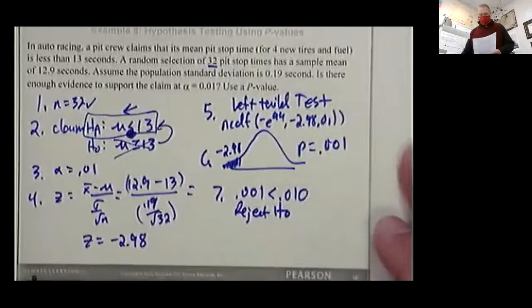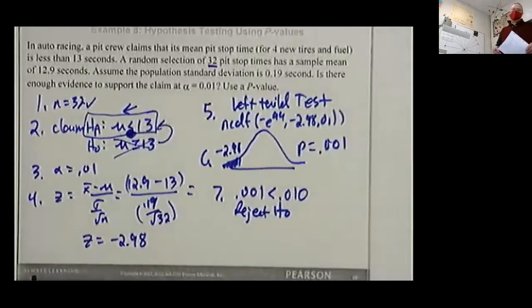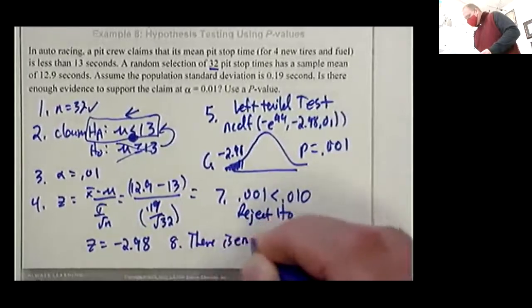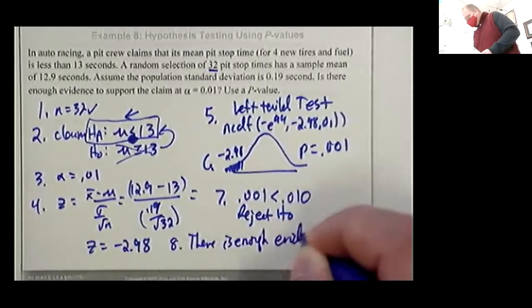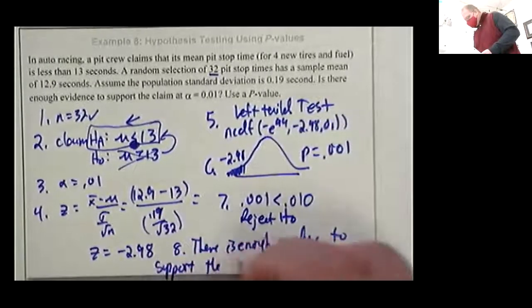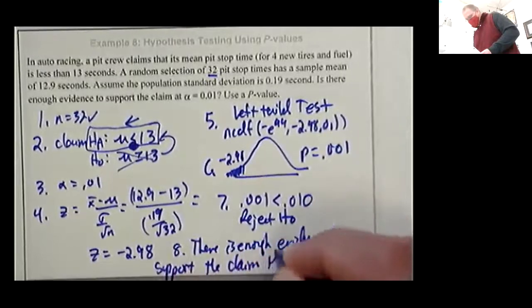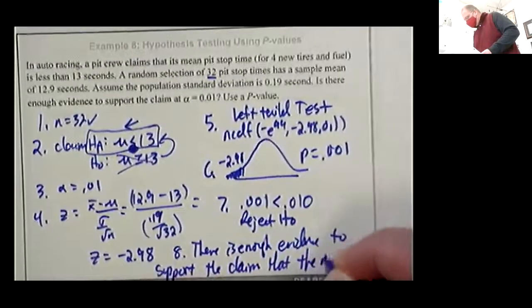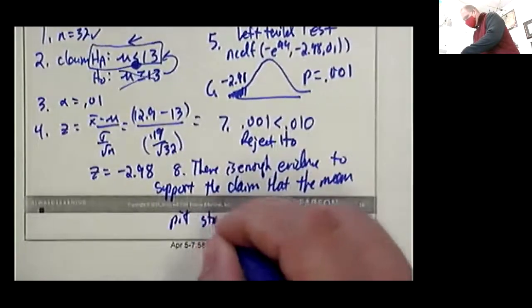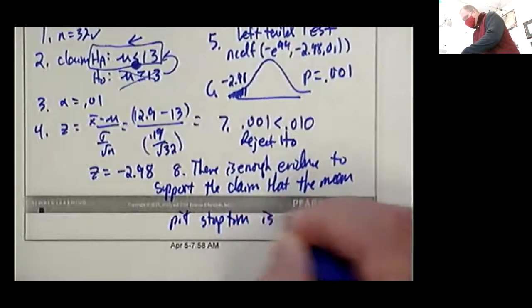Now to answer this, we're going to go back to the last video. If our claim was the alternative, we're going to support or not support. So number 8, there is enough evidence to support the claim that the mean pit stop time is less than 13 seconds.